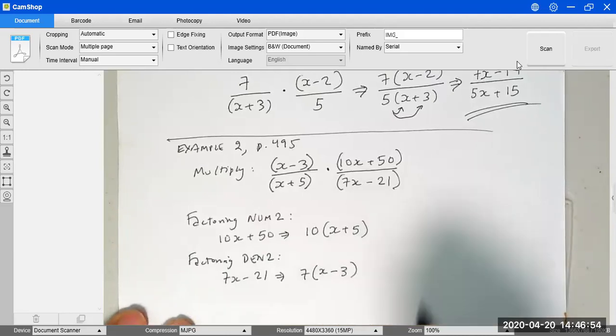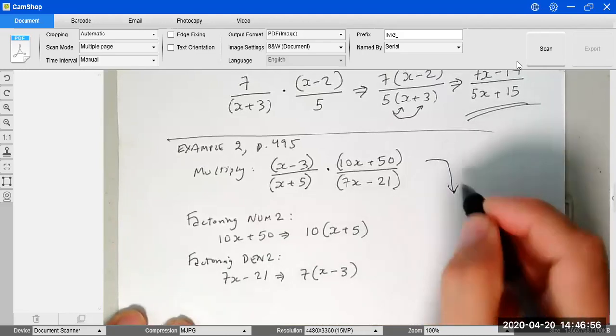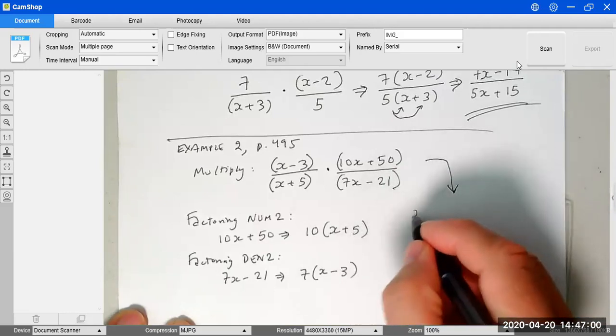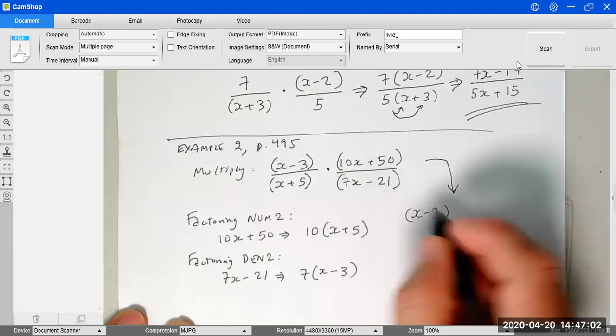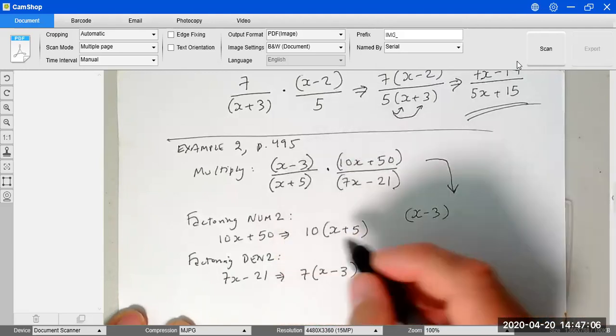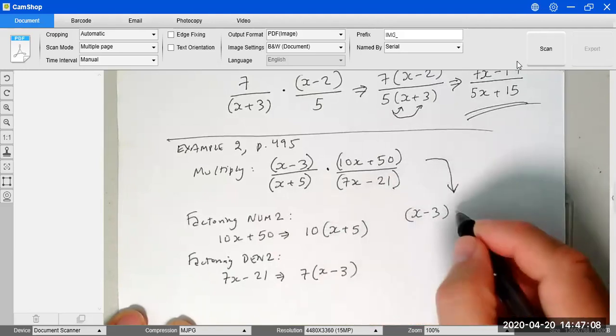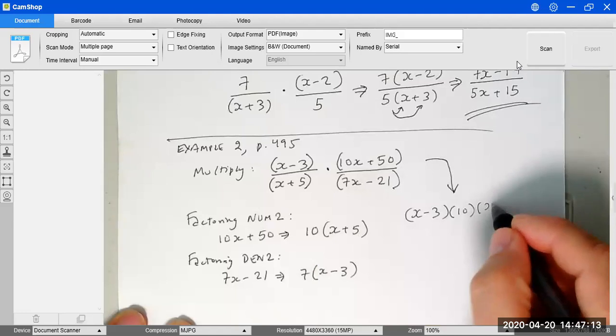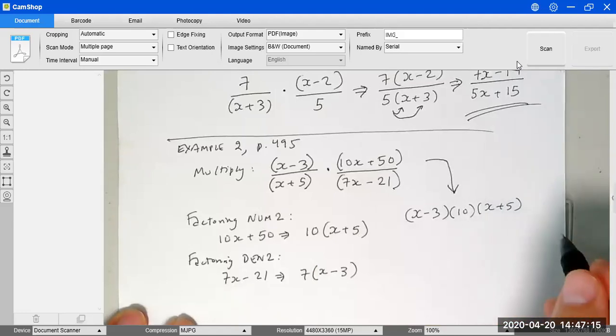So now we're going to rewrite everything by using the new versions of our numerators and denominators. So we're going to get x minus 3 as the first numerator, and the second numerator is 10. So I'm going to use a parenthesis before 10, and also x plus 5.